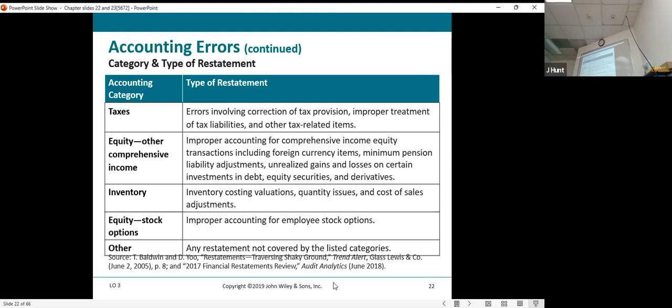Show them as they should have been reported. Right. So inventory, valuation, quantity, cost of sales adjustments, taxes, incorrect tax provision, treatment of liabilities, other tax-related items.